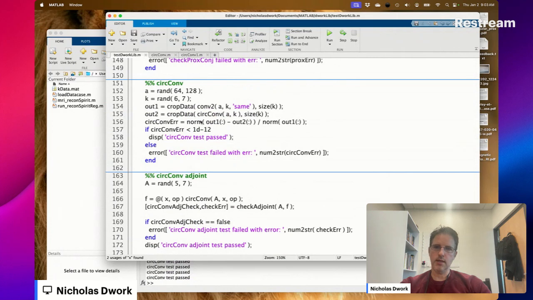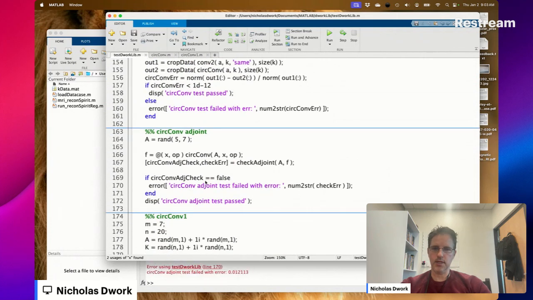What? Oh, that's just that, not the adjoint check. The adjoint check fails.